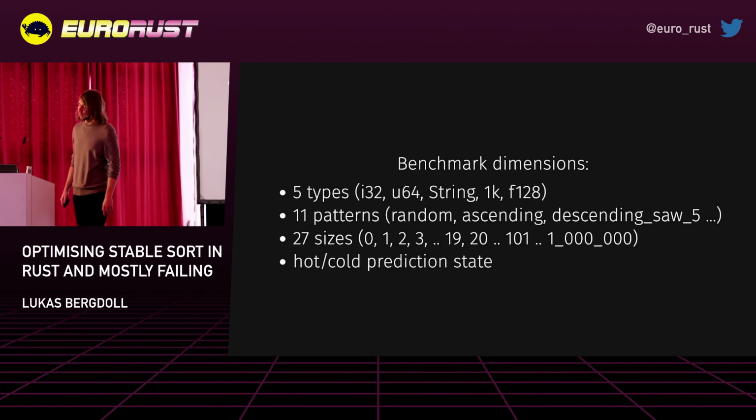So a U64, a string, 1 kilobyte of stack value, 2 F64s that have a relatively complex comparison function, some patterns like random, ascending, and whatnot, many more, different sizes, and a hot and cold prediction state, but I will not talk much about this last one. It's not relevant right now.